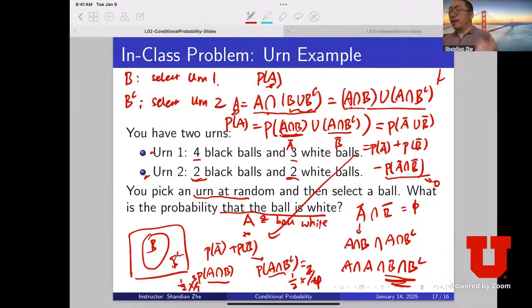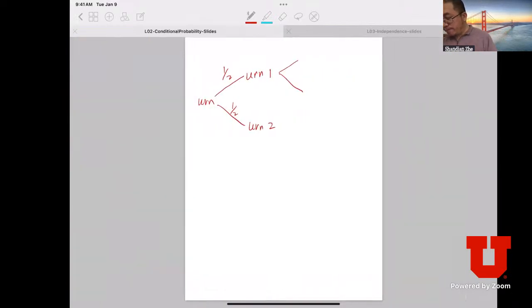Yes, right? Given urn 1, if you want to select a black ball, it will be 4/7, right? And if you want to select a white ball, it will be 3/7, right?